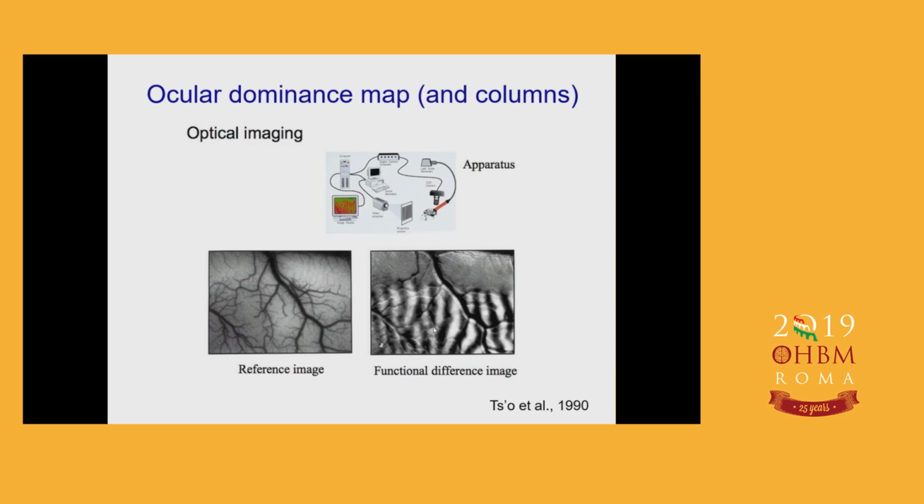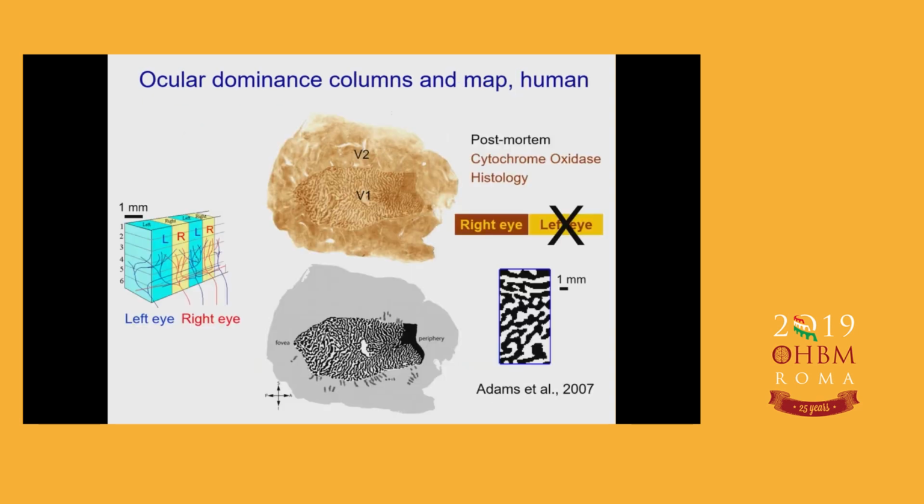The area with the stripes is V1; the area without the differential response to ocular dominance is V2. Humans have ocular dominance columns as well, as can be seen by post-mortem cytochrome oxidase histology.